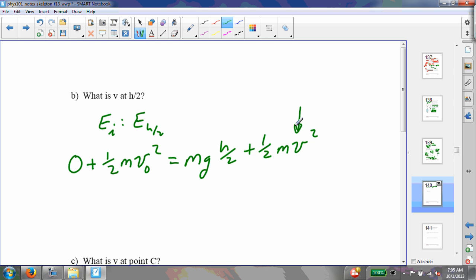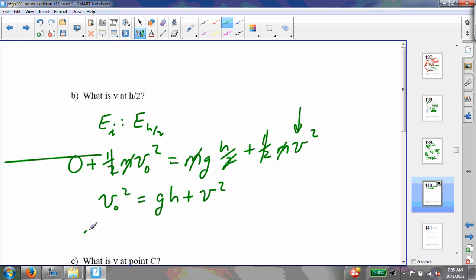And I'm looking for this v. Notice my masses cancel. I want to solve for v. Oh, also notice I can cancel out these 1/2 values because they're in all three terms. And so I have v naught squared equals g times h plus v squared. So v is equal to the square root of v naught squared minus gh.